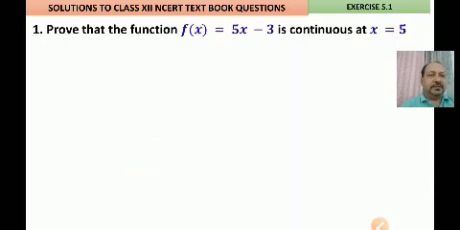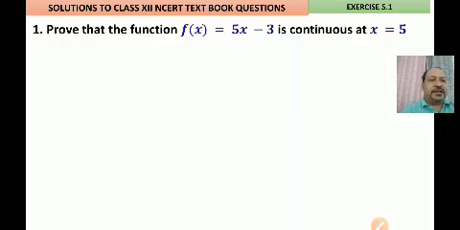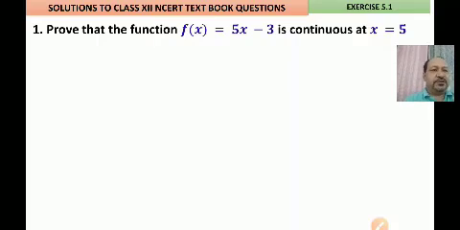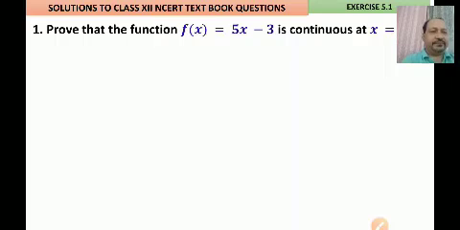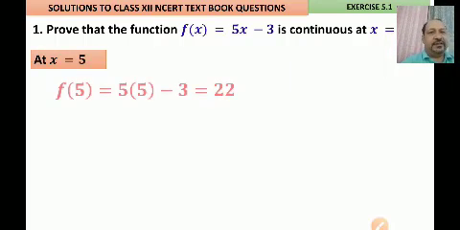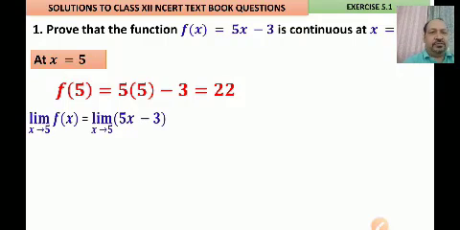Again, you have to check the function is the same and you have to check its continuity at x equal to 5. In the same way, at x equal to 5, the value of the function at 5 is 22 and the limit value of the function is also 22.